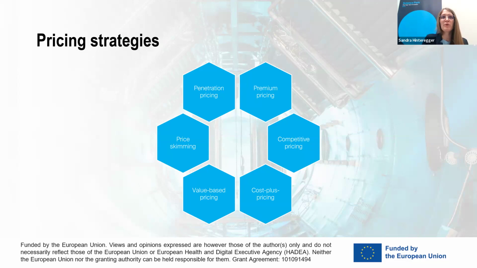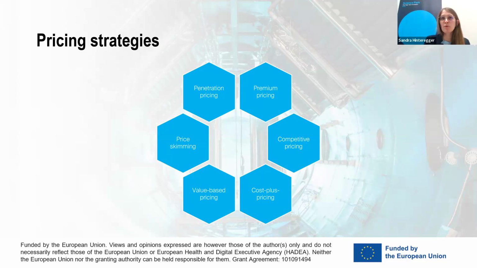Then we have premium pricing, which means we set a high price to reflect the exclusiveness of the product. And this is normally what premium brands in the fashion and tech industry do. And then we also see two more advanced pricing strategies, namely penetration pricing and price skimming.